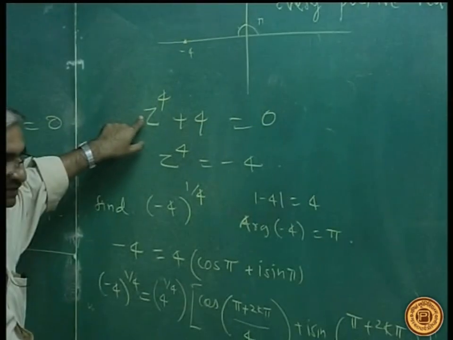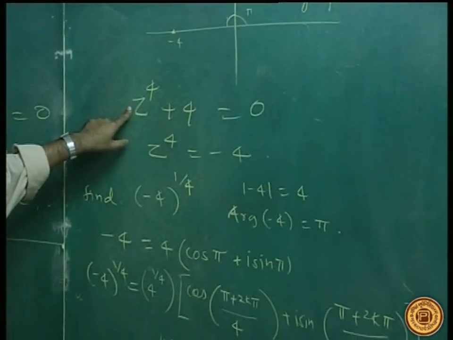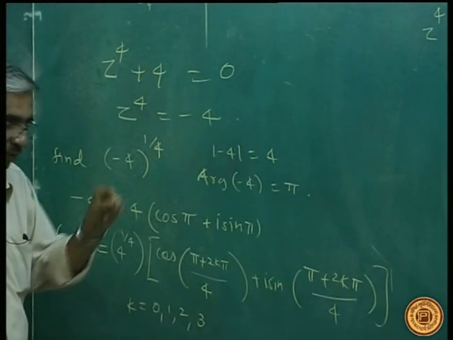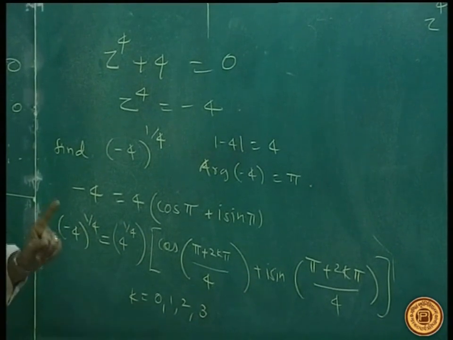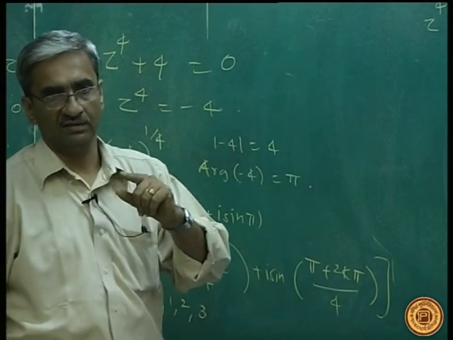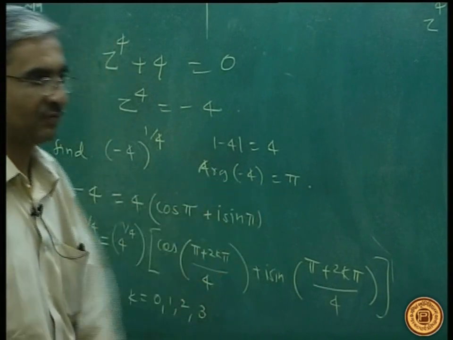Remember that this is a polynomial with real coefficients. Therefore, if it has a complex root, then the conjugate is also a root. This also you must have seen last time from the notes.